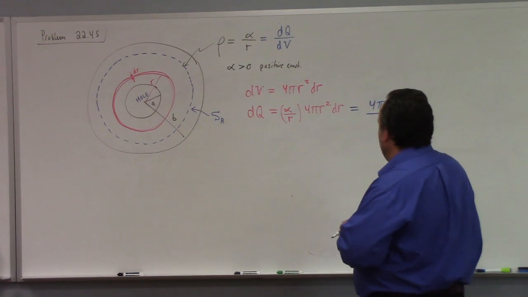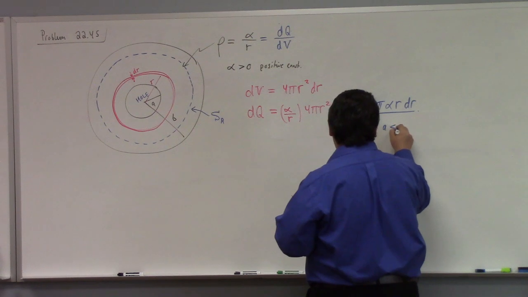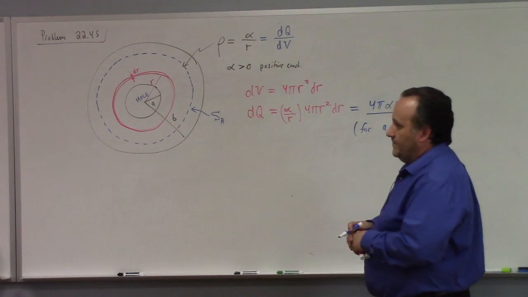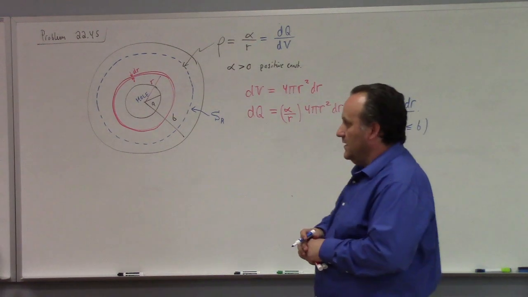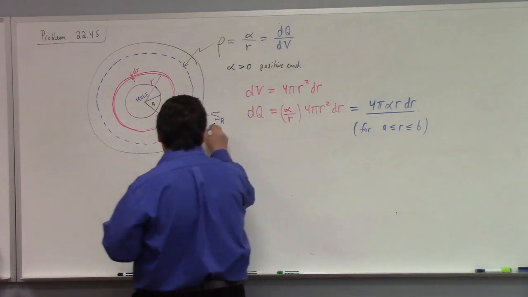But there's a context here, right? This is for a less than or equal to r less than or equal to b. So how do I calculate Q enclosed for my Gaussian sphere?